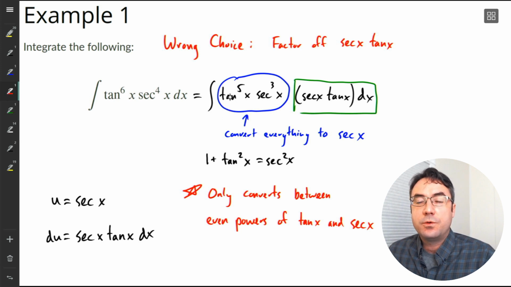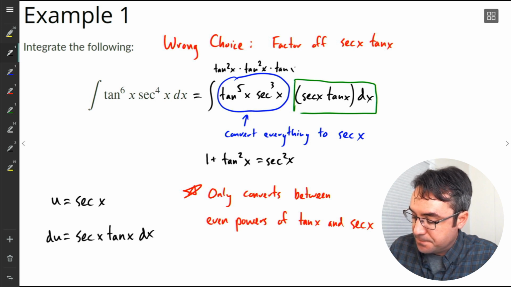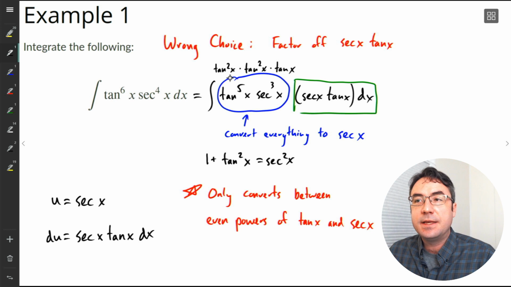So if we broke this tangent raised to the power 5 up, I mean we could write that as tangent squared x times tangent squared x times tangent x. And we'll be able to do something with this tangent squared because we have this trig identity. We'll be able to do something with this tangent squared, again, because of that trig identity.